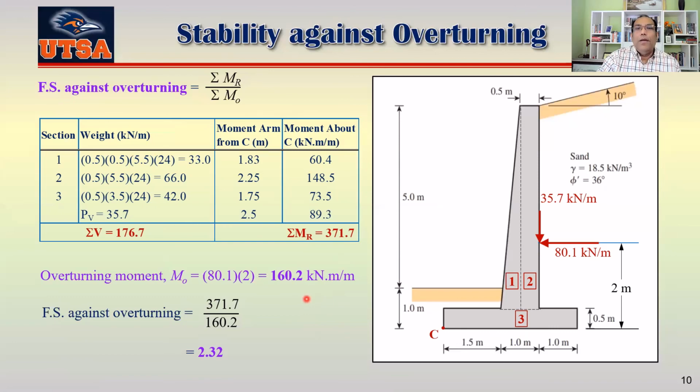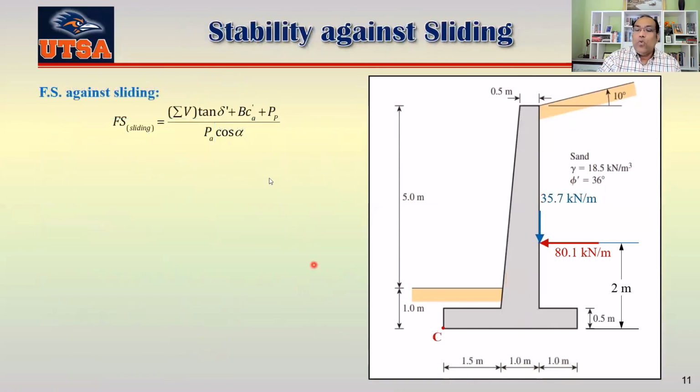Okay. Now let's move forward for sliding. We already know that your factor of safety against sliding is this. First of all, we have to calculate our PP.